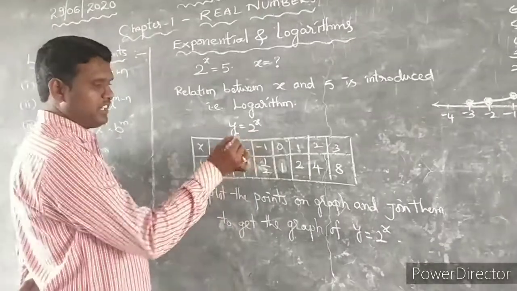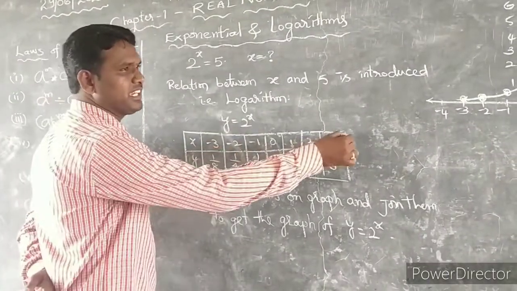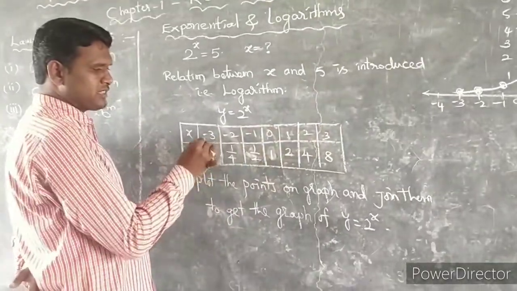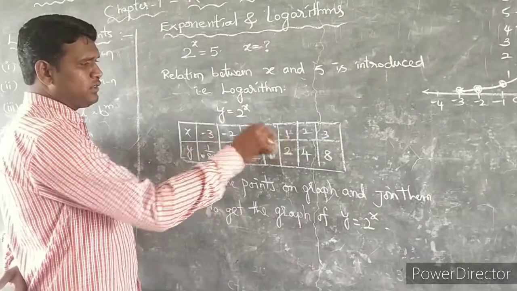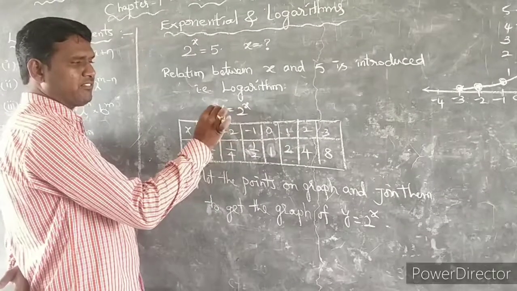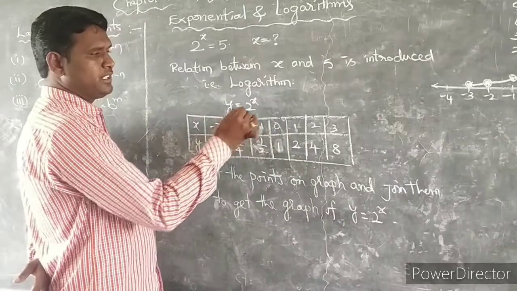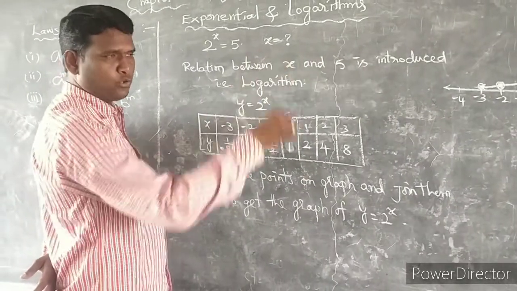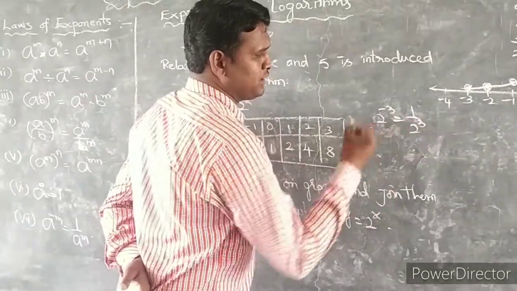To draw the graph, we need x values and y values. X values we have taken generally integers from -3 to +3. If you substitute these x values in this 2 power x, we will get the y value. That is 2 power of -3, which means 1 by 2 cube.